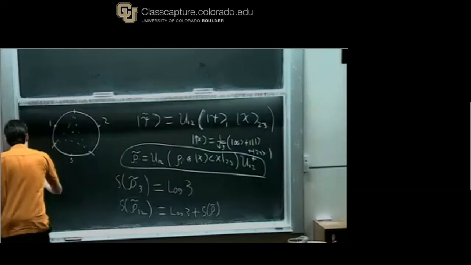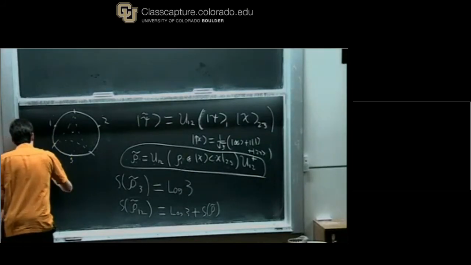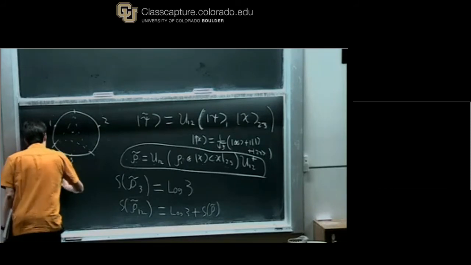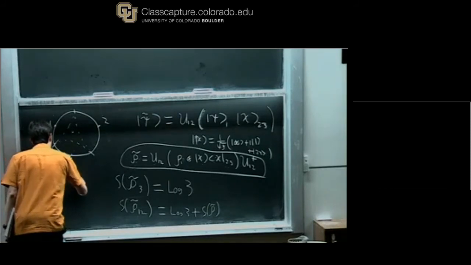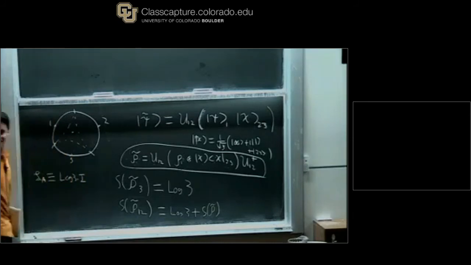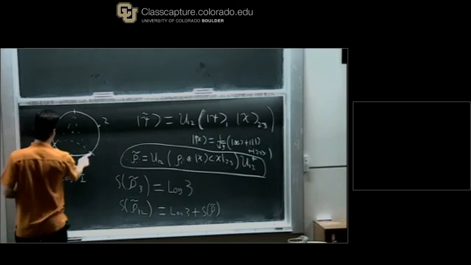The proposal is I define L_A, the area operator, to be log of 3 times the identity, acting on the code subspace. Now let's look at the bulk and compare to the formula. Let's first consider this one.